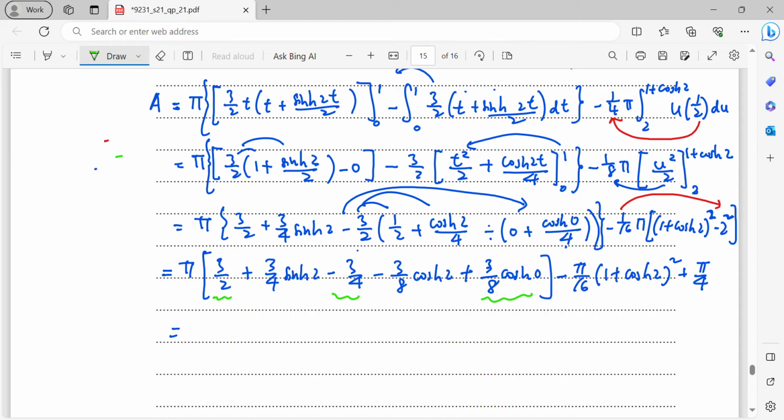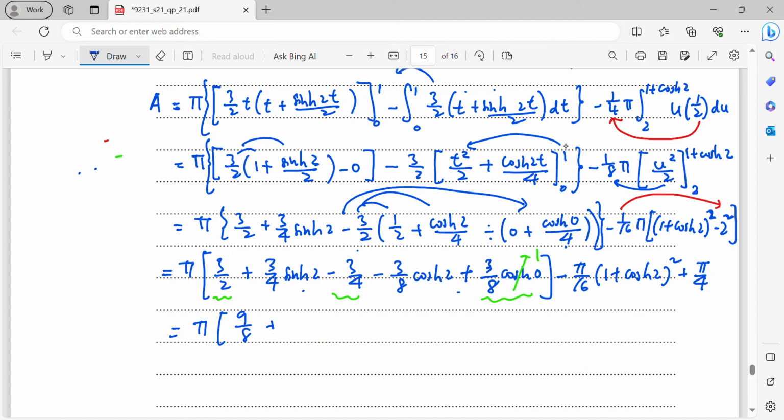Then you will simplify it, and it will be 9/8, because the cos 0 is 1. So when you simplify these three terms, you will get 9/8. So here I will get pi 9/8. Then copy the other two terms.